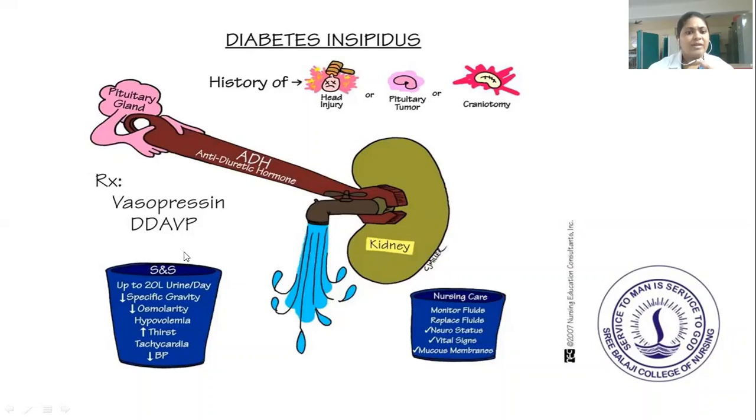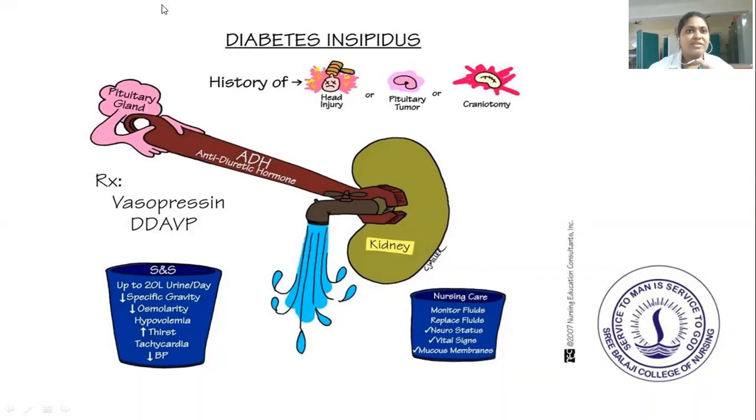So the signs and symptoms you can see in this small bucket: the patient will have 20 liters of urine per day. Imagine the patient is excreting about 20 to 25 liters of urine.